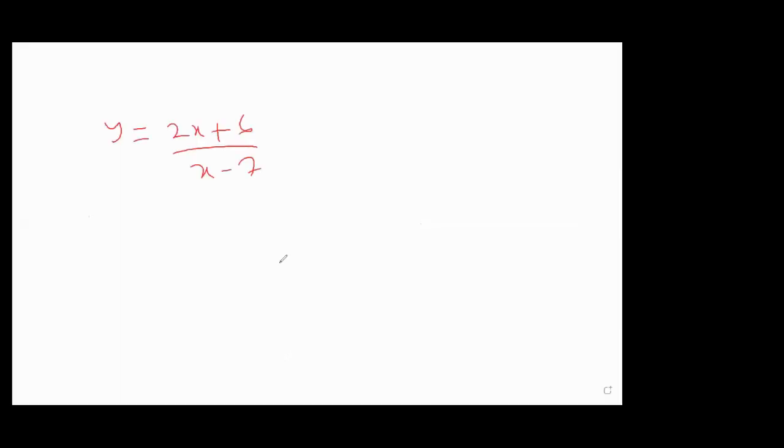To start with, we said u is equal to 2x squared plus 6, v is equal to 2x minus 7. This should be x squared. Do you get it?